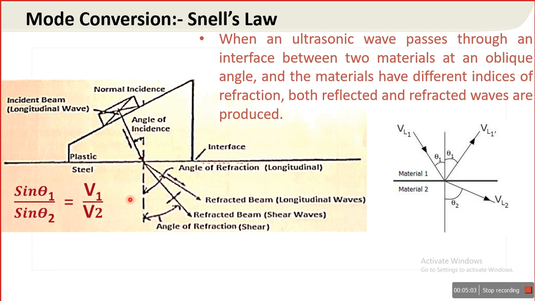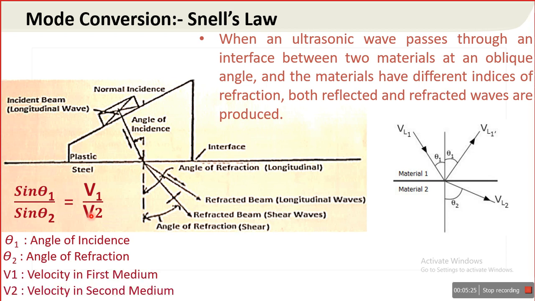So this is called Snell's relation. sin theta 1 upon sin theta 2 is equal to V1 upon V2. Here theta 1 is the angle of incidence and theta 2 is the angle of refraction. V1 is the velocity in the first medium and V2 is the velocity in the second medium.